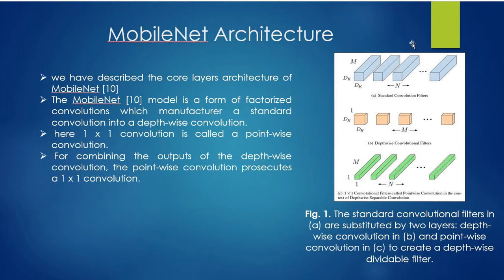The MobileNet model is a form of factorized convolutions which factorizes a standard convolution into a depthwise convolution. Here, each input channel processes a single filter. The depthwise separable convolution is divided into 2 layers, one for filtering and another for combining.